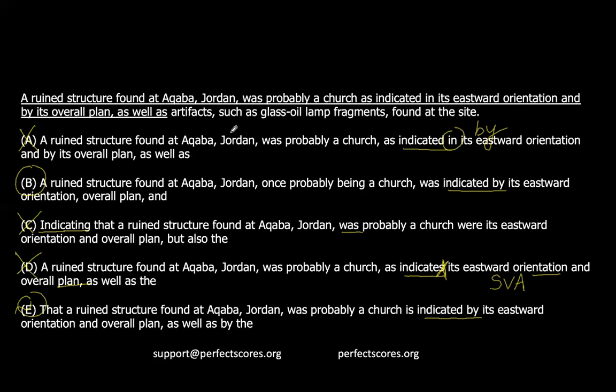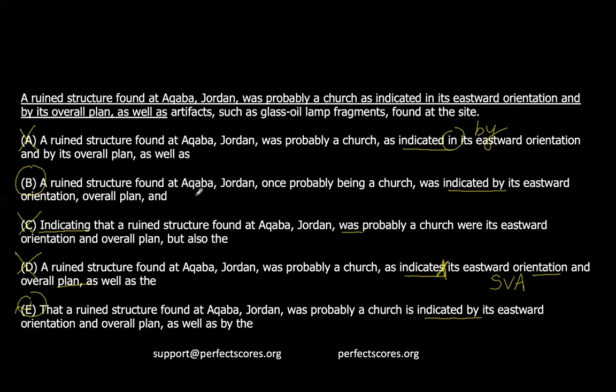Look at the meaning of B. "A ruined structure found at this place was indicated by its eastward orientation." This sentence doesn't really tell us that the indication was that it was a church. You just say that a ruined structure found at this place was indicated by its eastward orientation, overall plan, and artifacts.